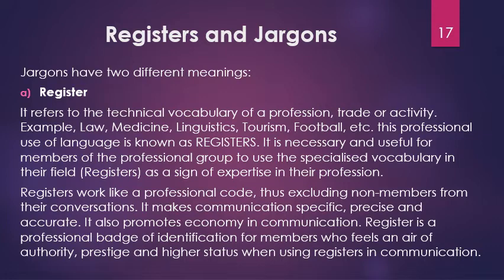When we talk about register, class, it refers to the technical vocabulary of a profession, trade, or activity. Each and every profession in this life has particular words they use to communicate either amongst themselves or to communicate their skills, let's say law, medicine, linguistics, tourism, football, among others.